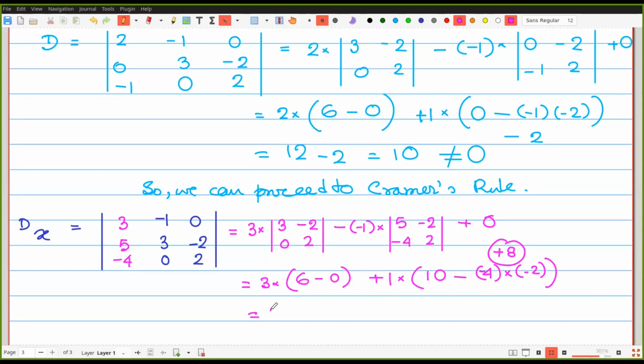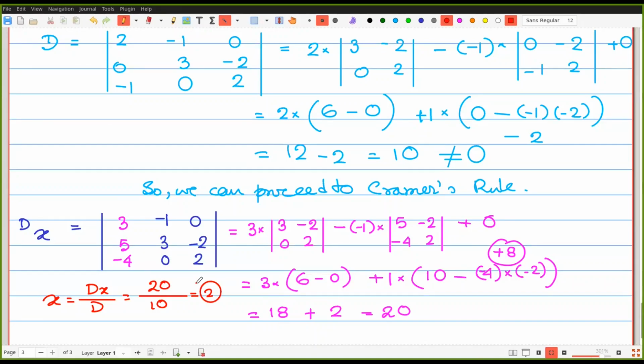So 18 plus 2, so that is equal to 20. So what is the value of X? X is equal to dx upon d, and dx is equal to 20, d is equal to 10. So the value of x is 2.